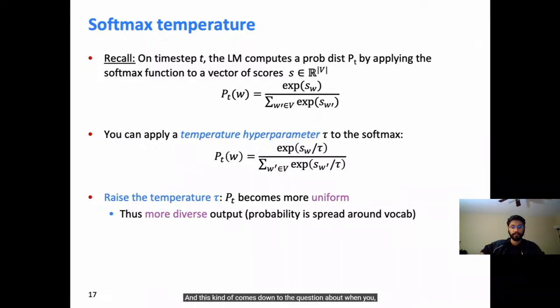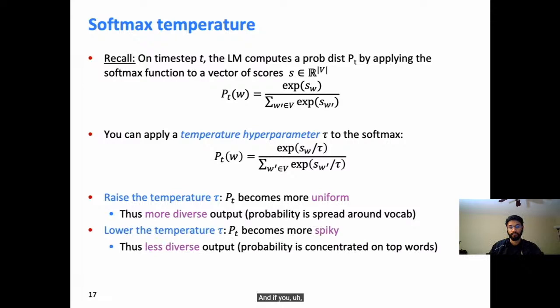And this kind of comes down to the question of when you multiply all of your scores by a constant, how does that affect the softmax? So do things get more far apart or less far apart once you take the exponential? This is something you can just work out by yourself on paper, but as a kind of memory shortcut, a good way to think about it is that if you raise the temperature, then the distribution kind of melts and goes soft and mushy and uniform.